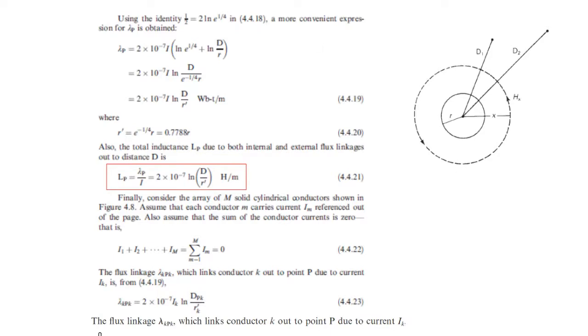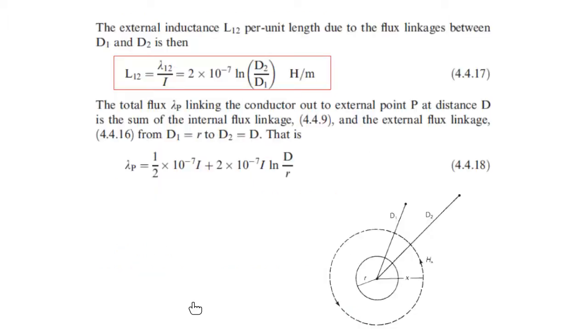This is a more convenient expression of lambda at a point P. Lambda at a point P, for example, here, this one. So this lambda at a point P is outside. Any point here, outside. Remember now the solid is the conductor. Anything outside the conductor is a point that we want to measure.